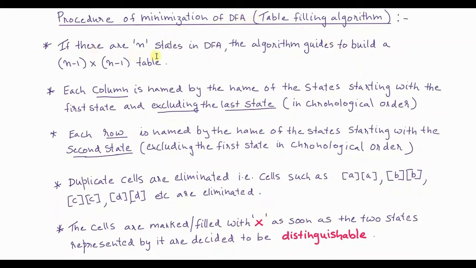If there are n states in the DFA, the algorithm guides us to build an n-1 by n-1 table. This is called the table filling procedure.